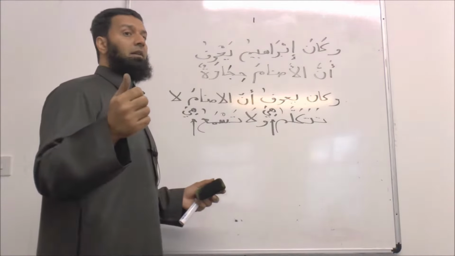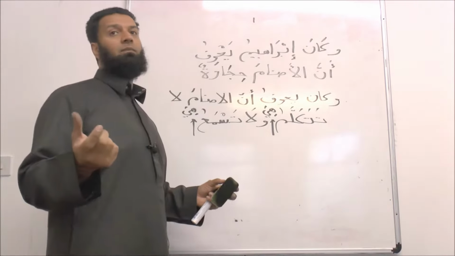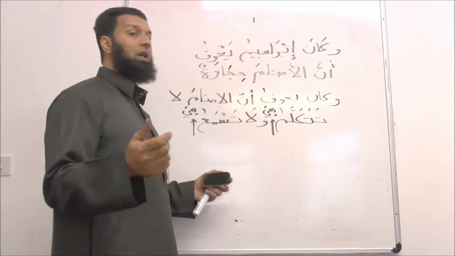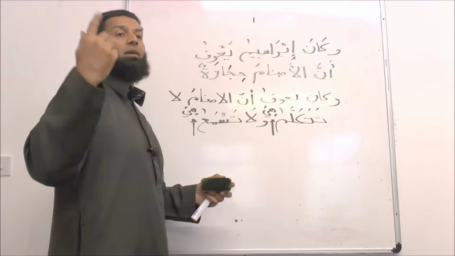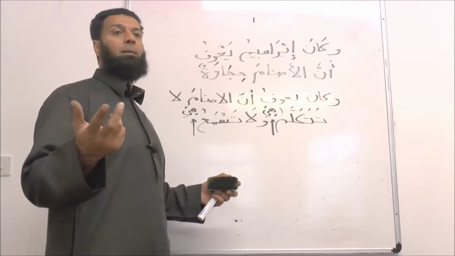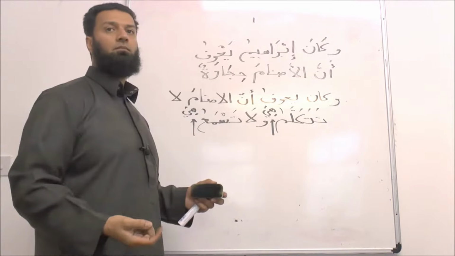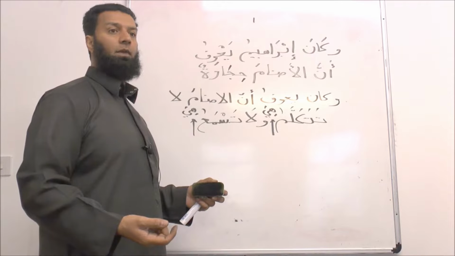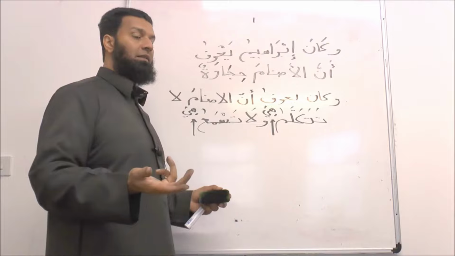The verb and the... The fi'lun and the fa'ilun. Because not all verbs require an object. Right? This is an example. Which is why there is no ma'a.